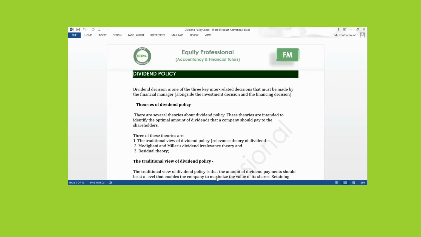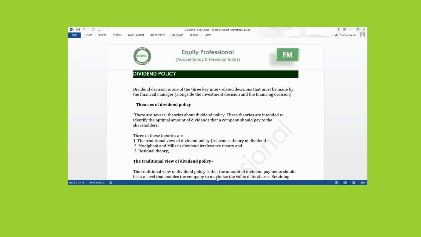There are 3 key decisions. One is investment decision. The finance manager must be involved in investment decision.